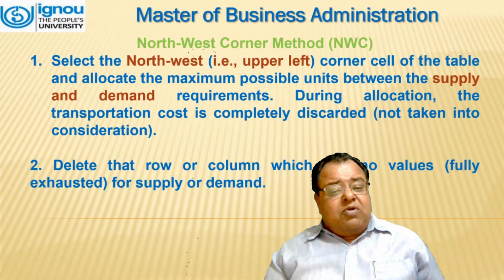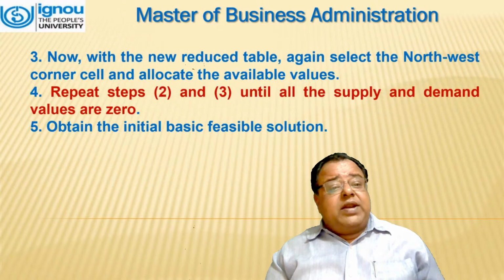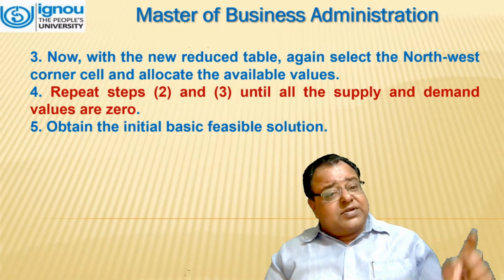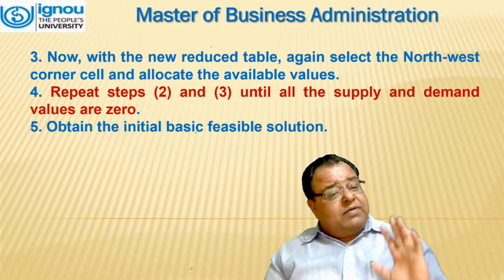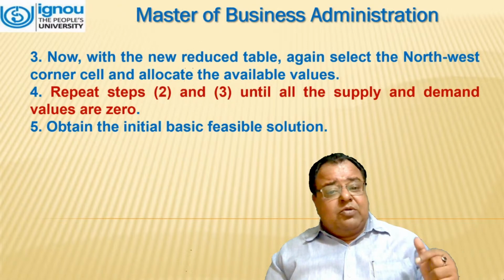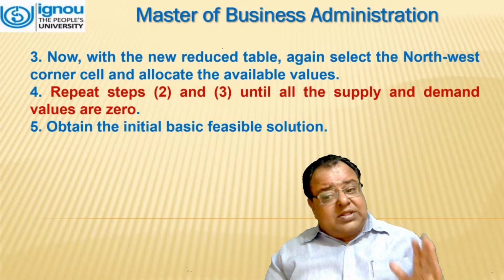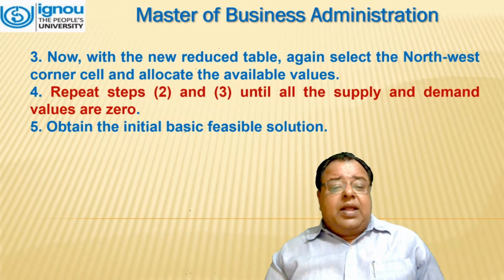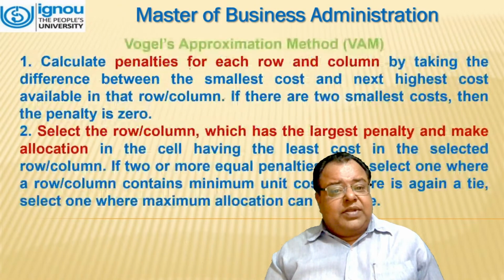Delete that row or column which is fully exhausted for supply or demand. Third, with the reduced table, again select the northwest cell and allocate the available values. Repeat steps 2 and 3 until all the supply and demand values are 0. Obtain the initial basic feasible solution.